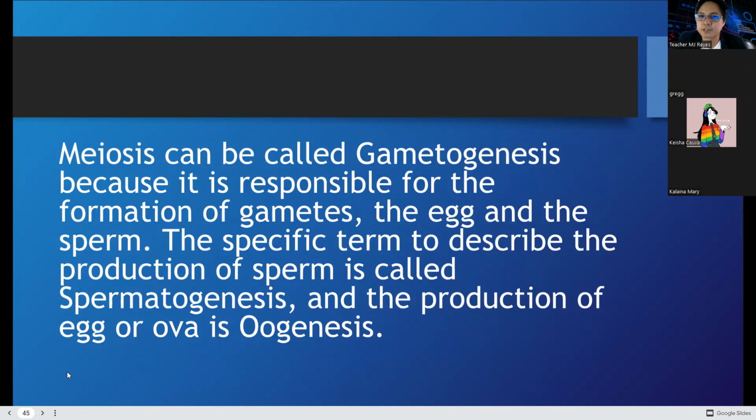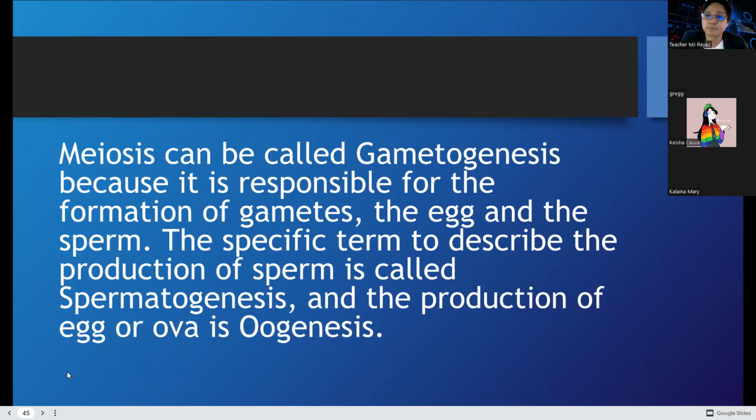Genesis means formation. Gametogenesis means the process of forming or creating gametes, because it is responsible for the formation of gametes. As simple as that. The egg and the sperm.